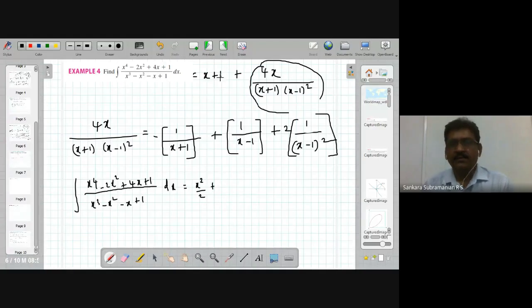Integrating 1, that is dx, you get x. Then this corresponds to these three terms. So you have minus the integral of 1 by x plus 1 dx. What is that?